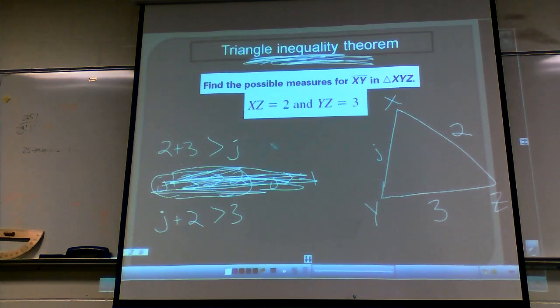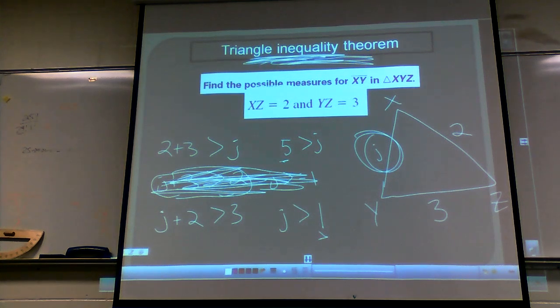Like in this one up here, 3 plus 2 is 5, correct? So I know that this value right here has to be less than 5. If I solve this one out down there, you get J is greater than 1. So looking at this, all the possible values for this side would be all the values in between 1 and 5. You can write that out in words.